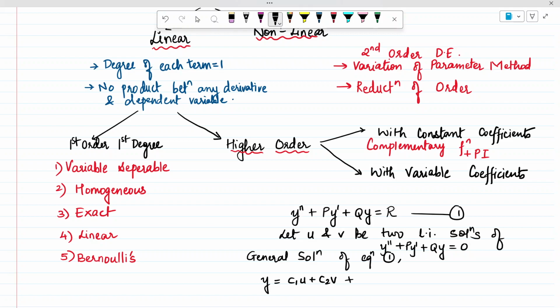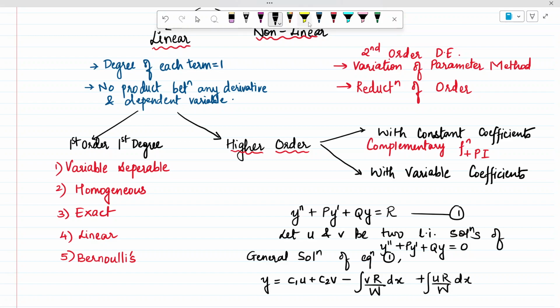Okay, so it's going to be negative of integration of PR upon W, where W is the Wronskian of U and V, plus integral of UR upon W dx. Okay, this was a variation of parameters method.